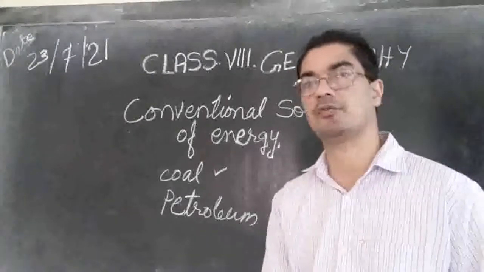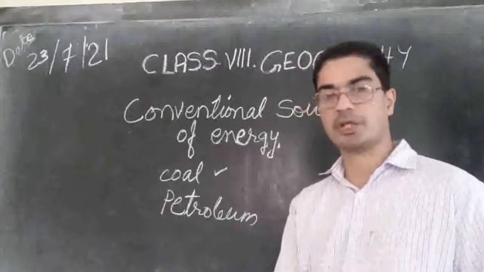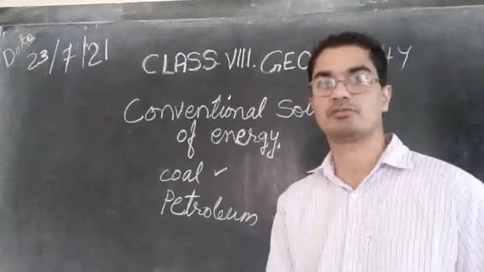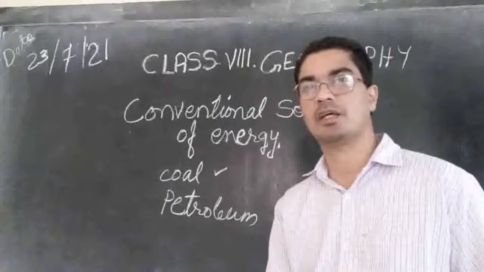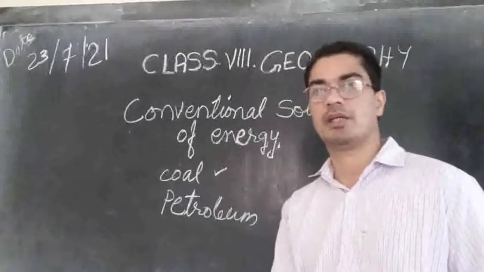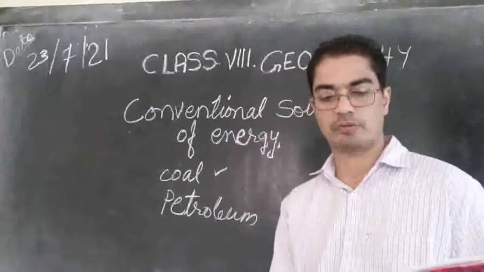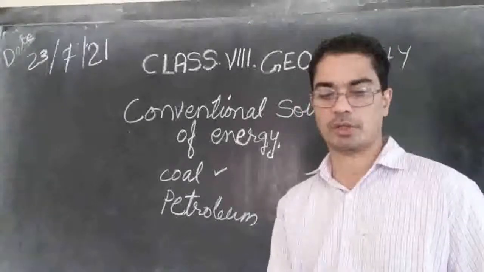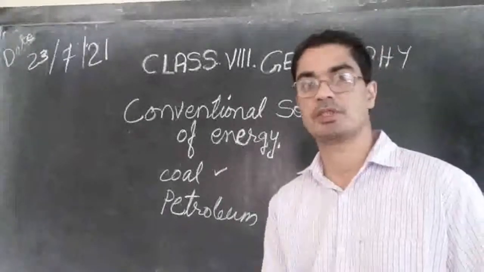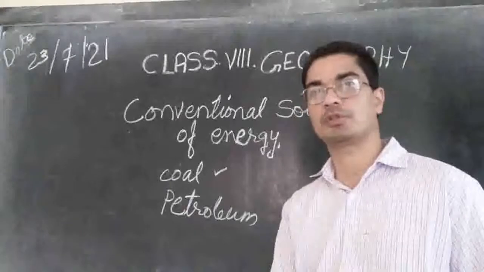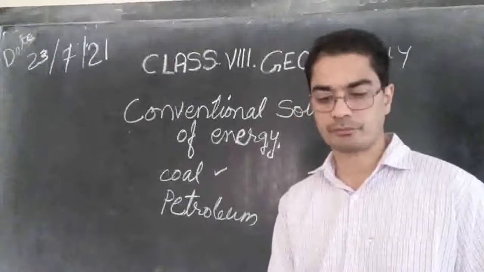So in India we have three places: Digboi in Assam, then Bombay High in Mumbai, then the deltas of the two rivers, Krishna and Godavari. These are the places where we find oil deposits in India.